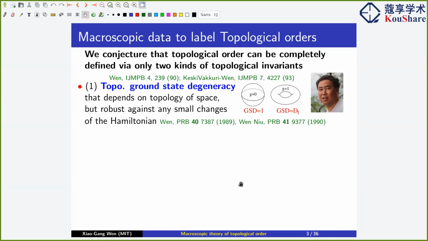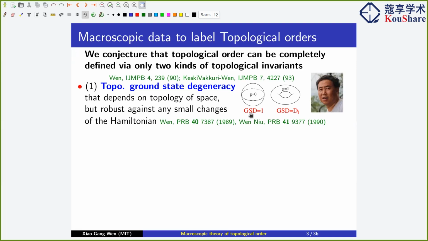From the beginning, we have this idea of using ground state degeneracy to describe topological order. So in a sense, at this level, the topological order is described by a sequence of integers. On different manifolds there is a different degeneracy, and the sequence of integers is like a numerical way to describe a topological order.